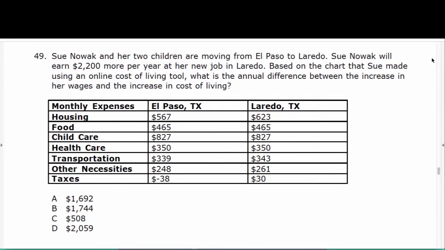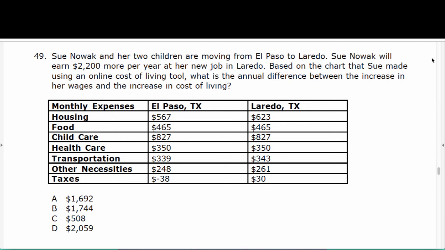Question 49. Sue Nowak and her two children are moving from El Paso to Laredo. Sue Nowak will earn $2,200 more per year at her new job in Laredo. Based on the chart that Sue made using an online cost of living tool, what is the annual difference between the increase in her wages and the increase in cost of living?